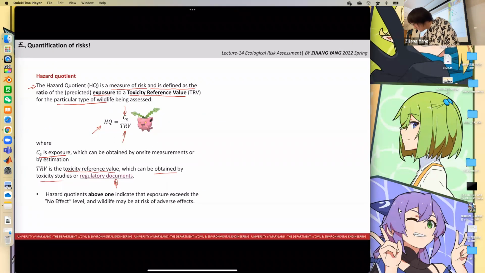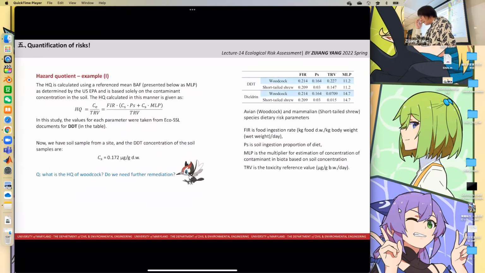For the hazard quotient, if it is above 1, it indicates that exposure exceeds the no effect level and the wildlife may be at risk of adverse effect. So this is bad. And then we can see some of the examples, and because we have already done the calculations in the Monte Carlo simulation lab, I think this will be more straightforward for us.